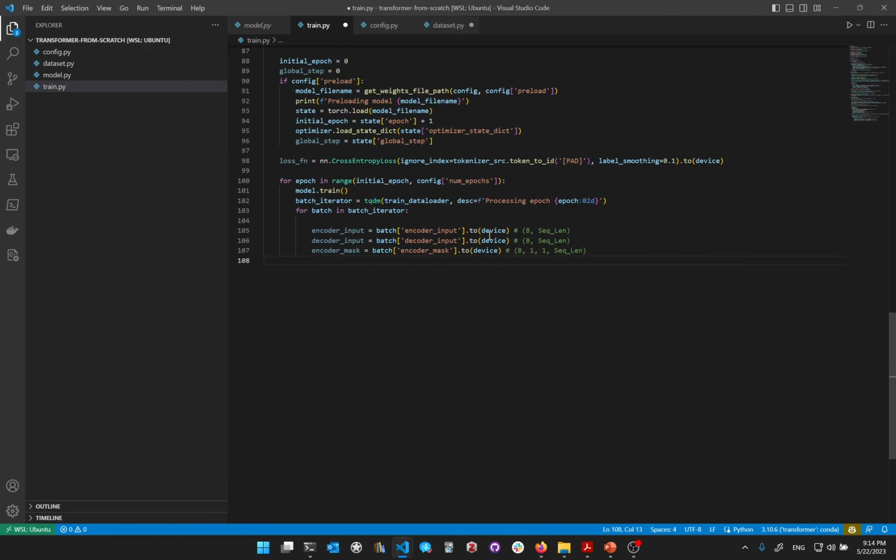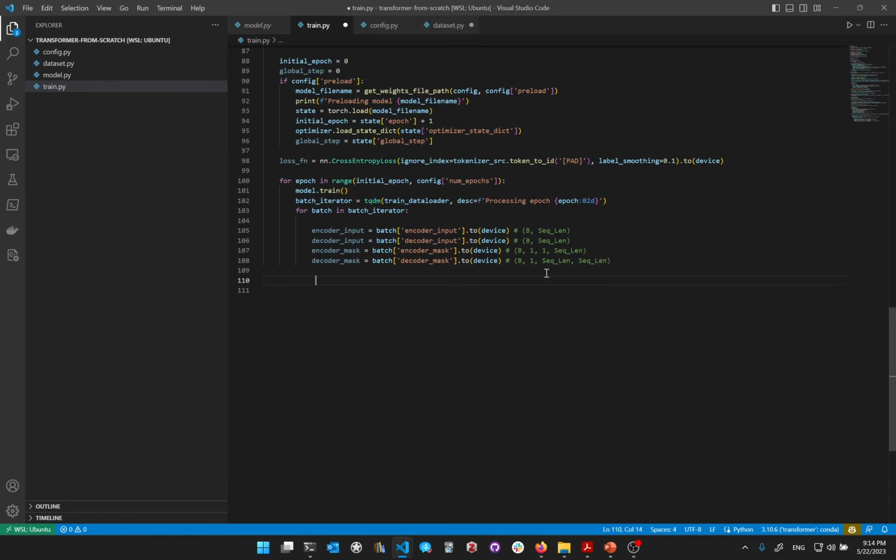This is the size, and then the decoder mask. Why are these two masks different? Because in one case we are only telling it to hide the padding tokens. In the other case we are also telling it to hide all the subsequent words, for each word to mask out all the subsequent words.